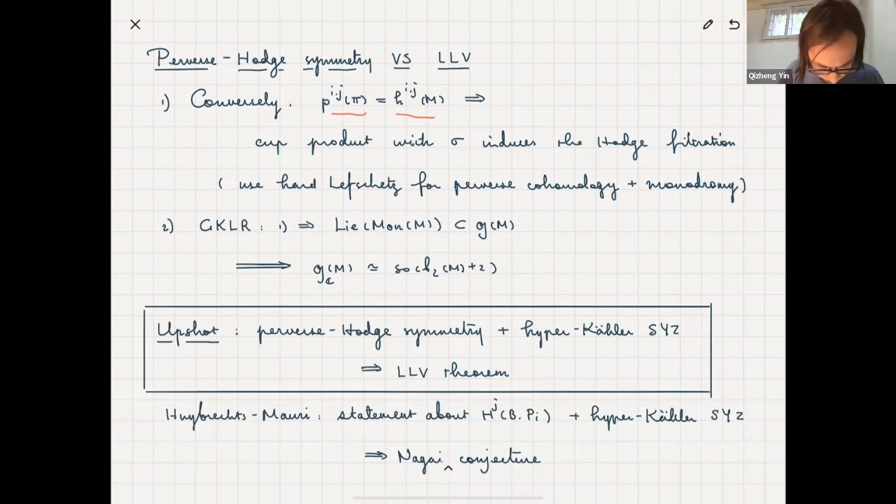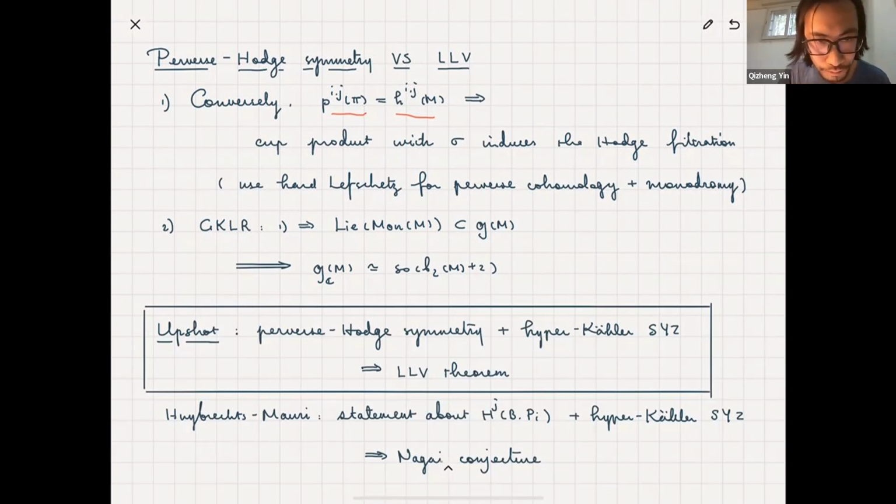But actually, if you're willing to assume the identity P_ij equals H_ij, then you can argue with some standard results, hard Lefschetz type results, and with a bit of help from monodromy, you can show that P_ij equals H_ij will also imply that cup product with sigma induces the Hodge filtration.